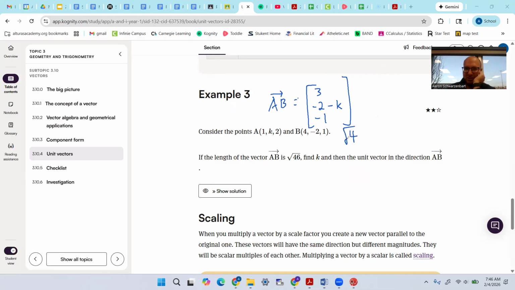So I know that the square root of 46 equals the square root of 3 squared plus -2 minus k squared plus 1 squared. And yes, I'm dropping the negatives because when I square them, they become positive. I don't even have to think about it. So those are 10. I'm going to subtract. This is 36.